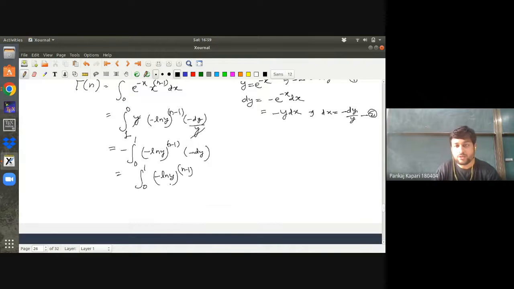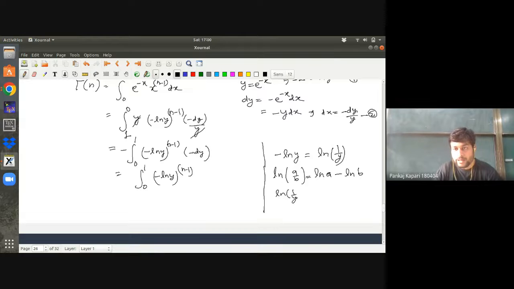Now note that minus of log of y is the same as log of 1 over y, right? Because log has the property that log of a by b is the same as log of a minus log of b. And therefore ln of 1 over y is log of 1 minus log of y. What is log of 1?